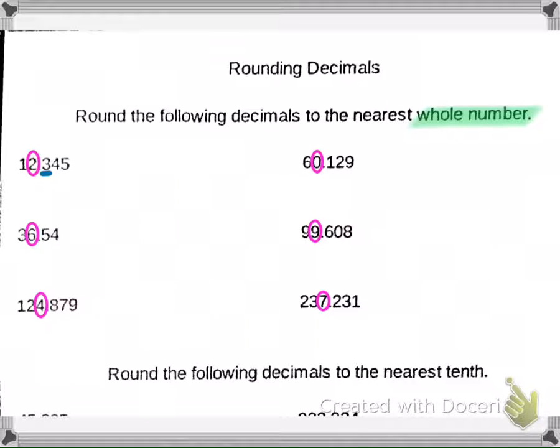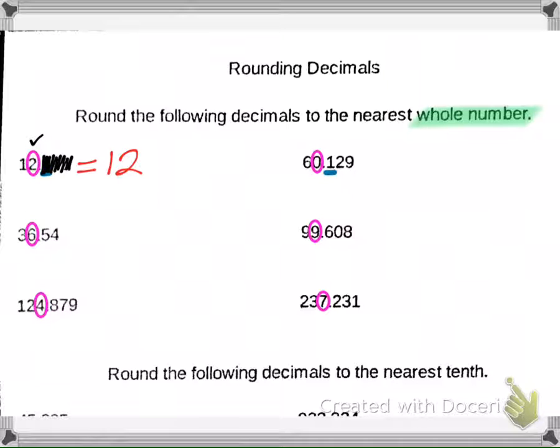So with my fingers, with my hand, I'm going to count to 3. Am I still holding on to the balloon? Yeah, so the balloon doesn't go anywhere, it stays the same. The 2, we want to keep the 2, and everything else goes away. So my final answer for this one is just the whole number 12. Remember, we're rounding to the nearest whole number, so every answer in these practice problems should be a whole number.